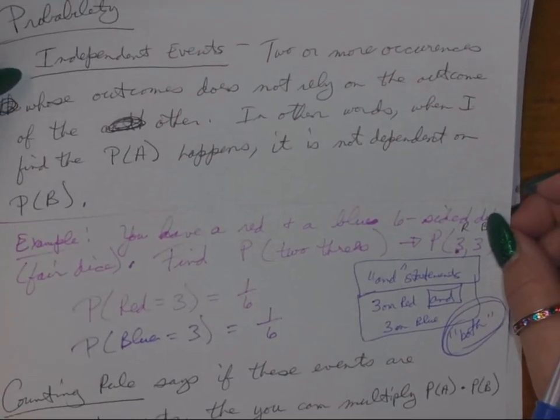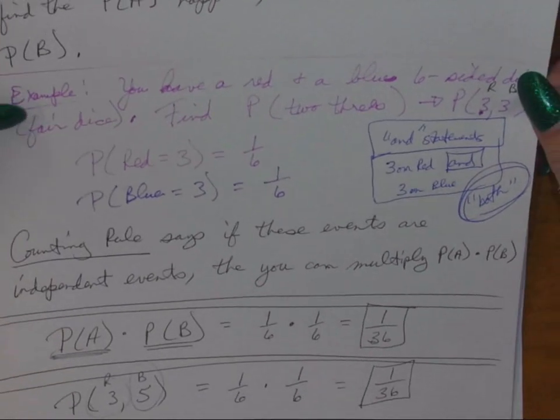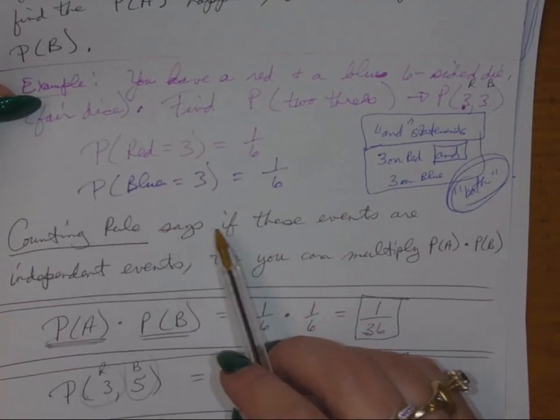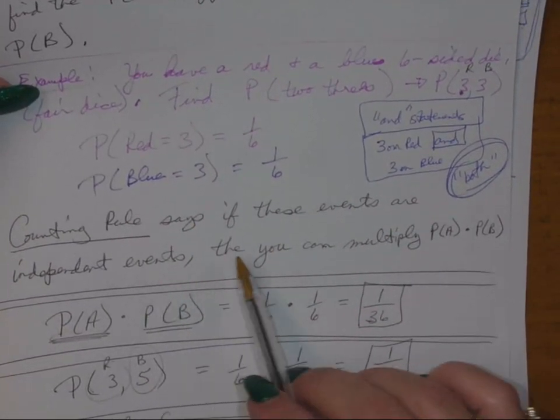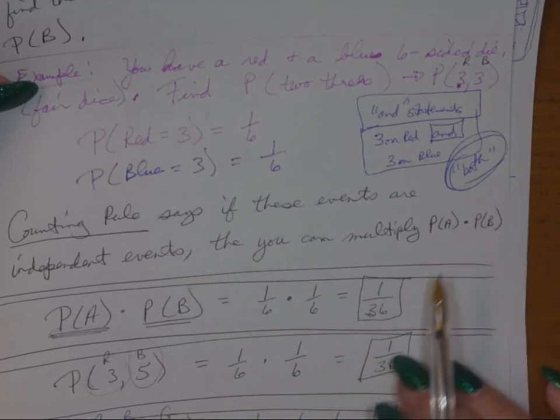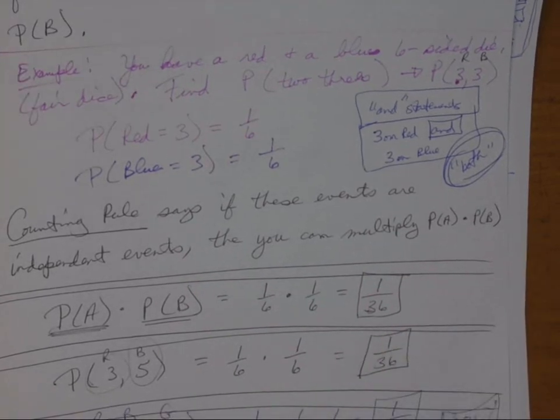Not dependent on probability of B. The counting rule says if these events are independent events, then you can multiply P of A times P of B. I think I misspoke that a little bit, so let me go back and change that real quickly while I'm thinking about it. They don't necessarily have to be independent events.